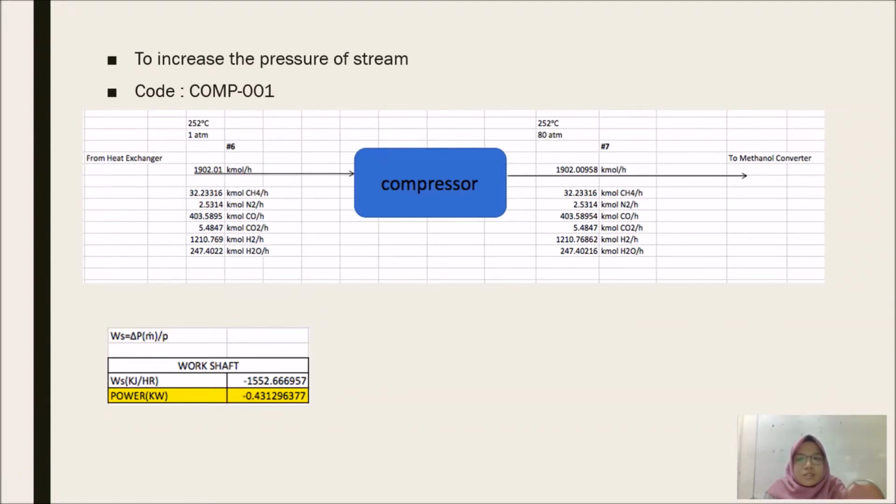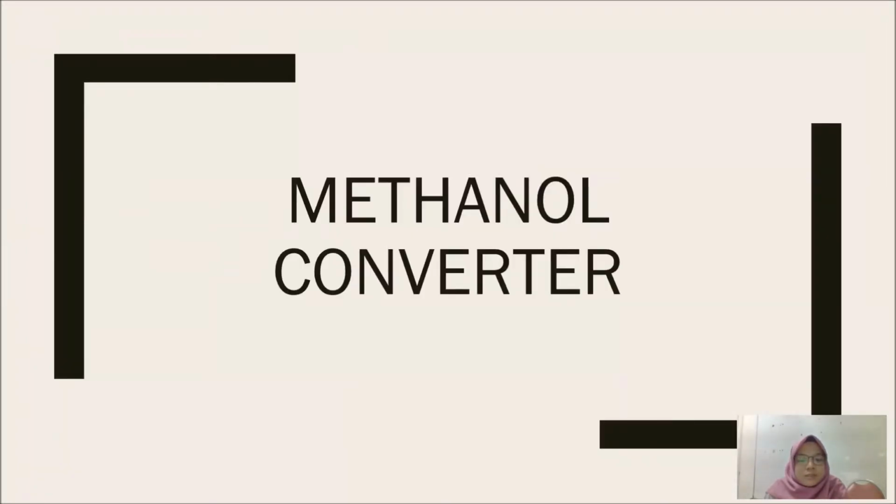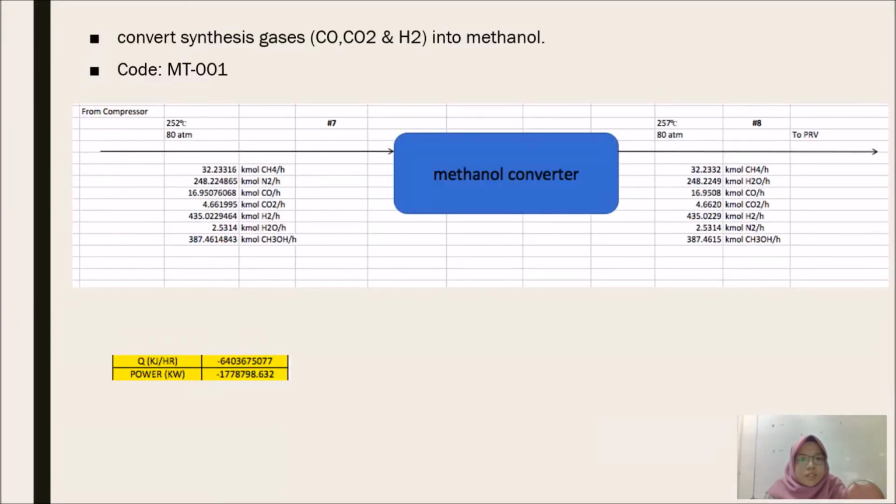So we continue to the methanol converter. The methanol converter is used to convert synthesis gases such as CO, CO2 and H2 into methanol. The code that we use is MT001.